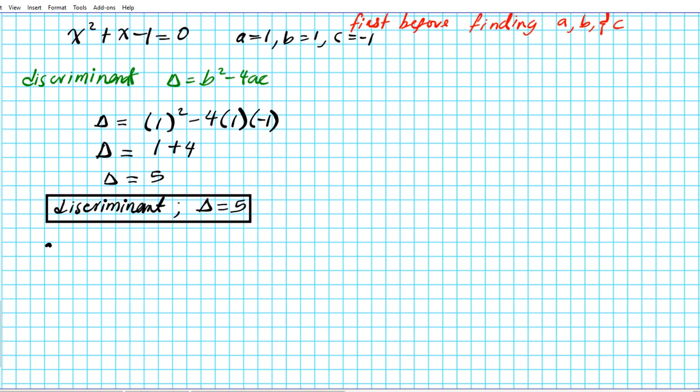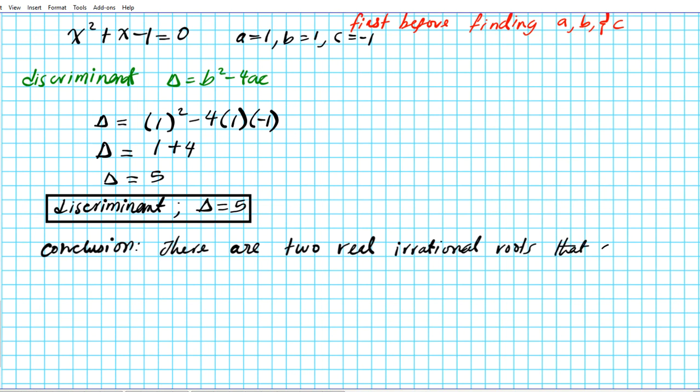Let's go ahead and write down the conclusion. There are going to be two real irrational roots that are different, or you can say distinct, two real irrational roots that are different.